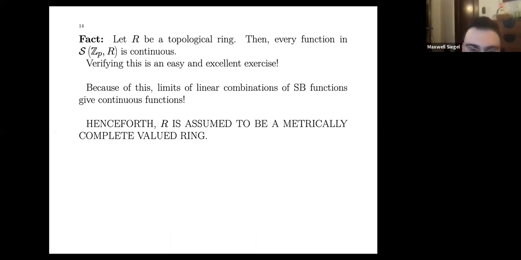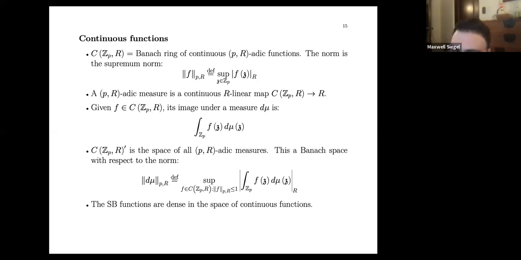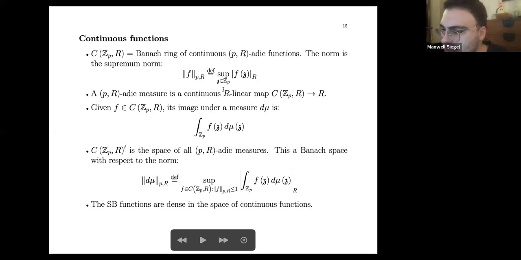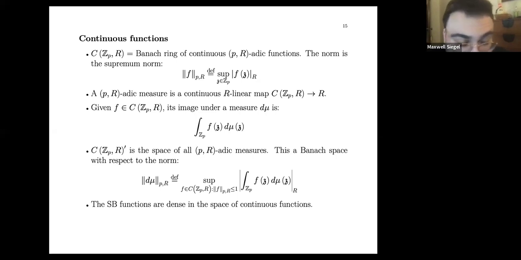So henceforth, we're going to assume R is a metrically complete valued ring. This gives us our important spaces of functions and their duals. C(Z_p, R) is the Banach ring of continuous p-R-adic functions. The norm is the supremum norm, and just as considering linear functionals on the SB functions gave us distributions, considering linear functionals on the space of continuous functions gets us measures.